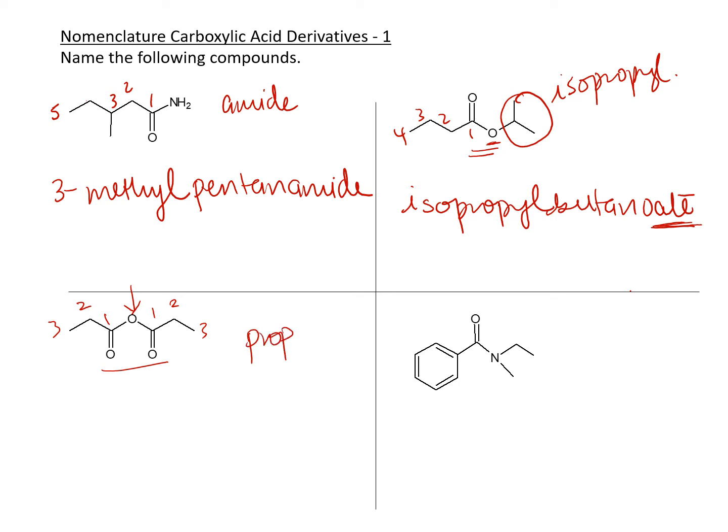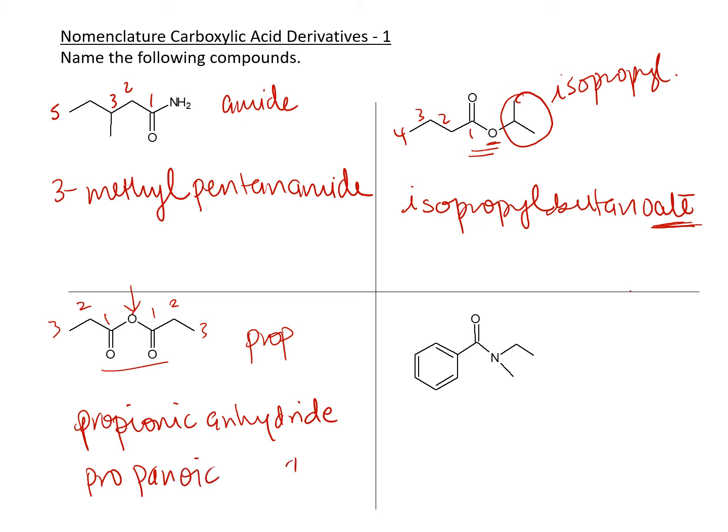So my anhydride is coming from 2 fragments of propanoic acid, which means this is going to be propionic anhydride. Note that I don't say dipropionic anhydride, because it's understood that as soon as you say propionic anhydride, or propanoic would be the IUPAC, it means that on both sides of this oxygen those are both 3-carbon fragments. So that's how you do the anhydrides.